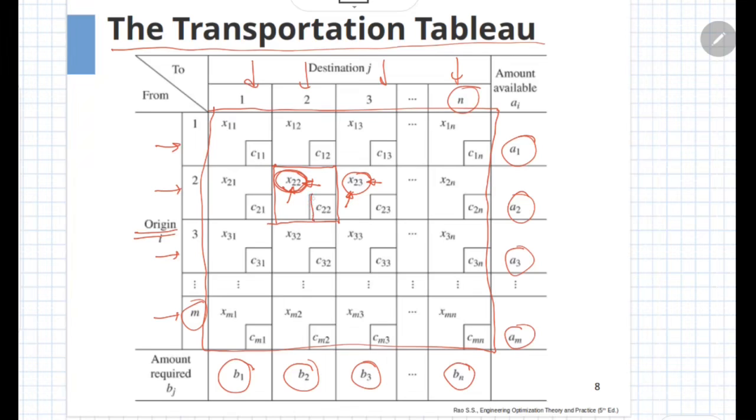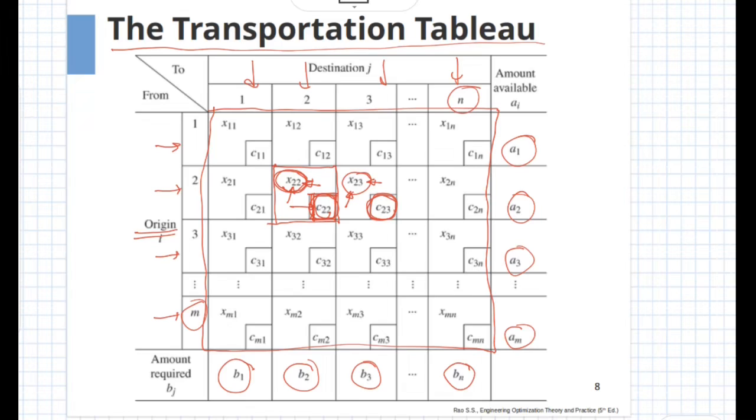The quantity specified in the square block inside the cell is the cost of transportation, in this case from second origin to second destination, or here from second origin to third destination. In this way, this entire table is created, and the various cells are manipulated in a specific approach in order to solve the transportation problem.